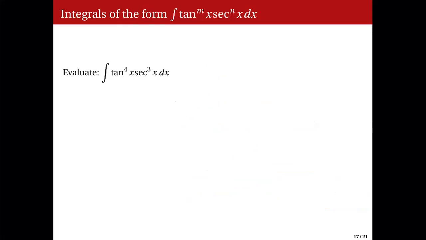So what we're going to do here is convert tangent to the 4 into terms of secant. First step, you write tangent to the 4 power as tangent squared x quantity squared, and then secant cubed x dx. Then you replace tangent squared x with secant squared x minus 1, squared, times secant cubed x dx.